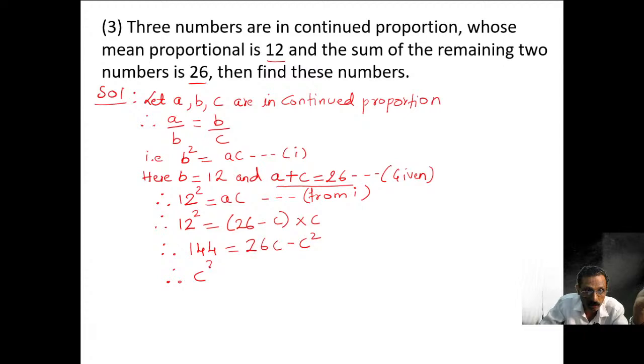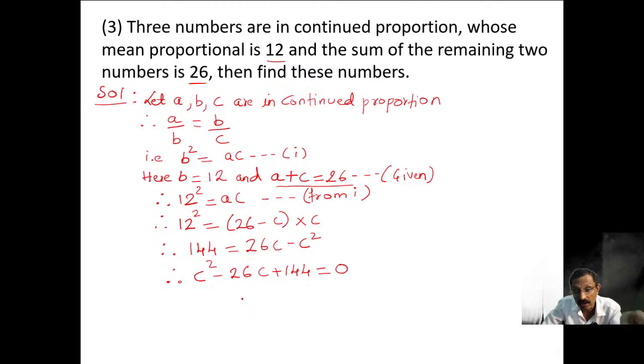So C square minus 26C plus 144 is equal to 0. Now you see this equation very carefully. We have C square minus 26C plus 144.